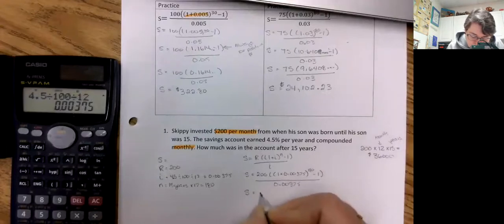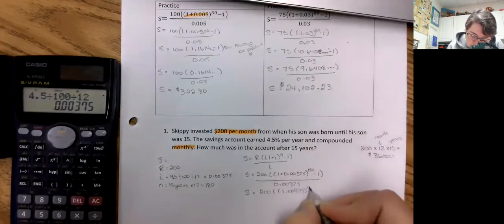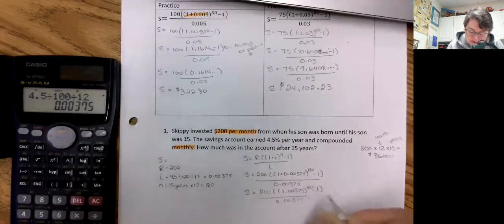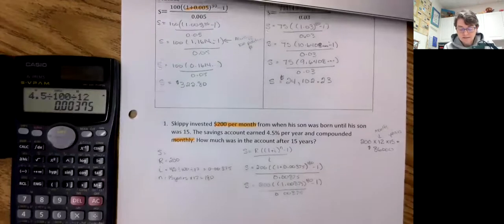So S is equal to 200 times 1.00375 to the 180 minus 1. I think I've said this before: skip the line where you write that out, because we can all add 1. I'm okay with that.